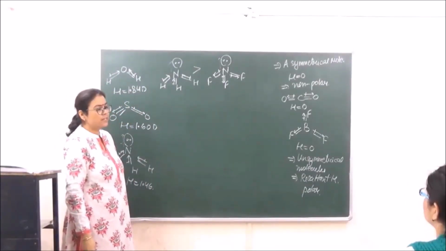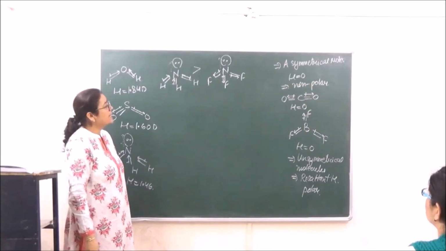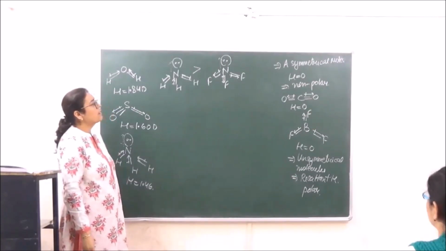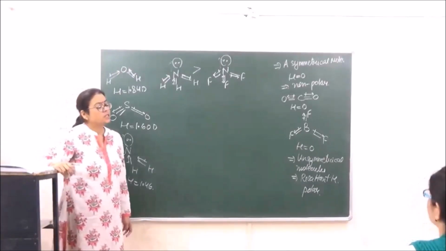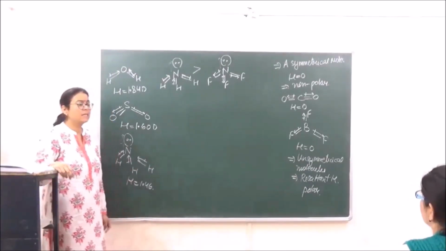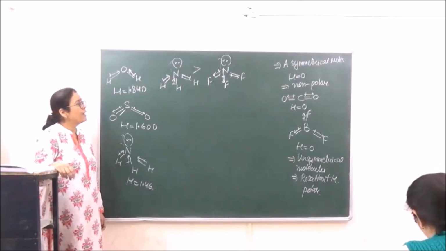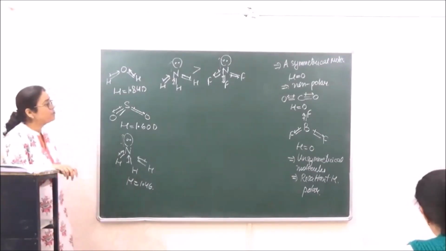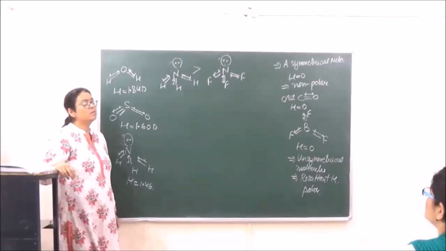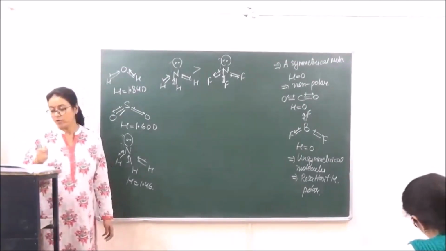The electrons will be attracted by all the fluorine. So the net dipole moment of this will be a subtraction, as a result of which this is going to have less dipole moment. So NH3 is more polar than NF3 in spite of the fact that fluorine is more electronegative than hydrogen.